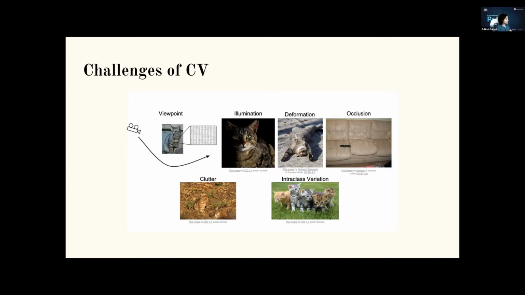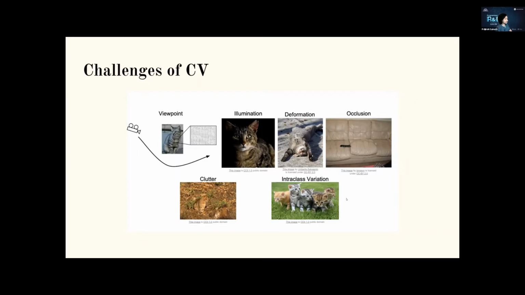So that's occlusion, and then there's clutter, the background and the foreground. The actual cat is here and the background is almost the same color as the cat. So it's hard for us to spot as humans, and for computers, it's going to be even more challenging. And then there's another aspect, intra-class variation.